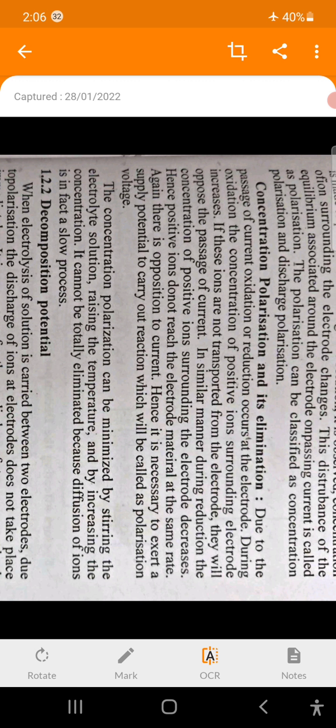To minimize this concentration polarization, the electrolyte solution is stirred continuously.